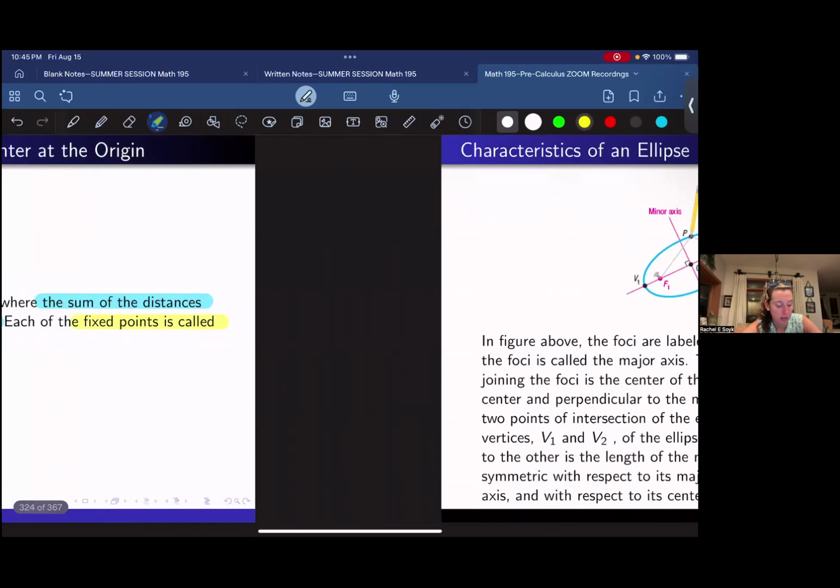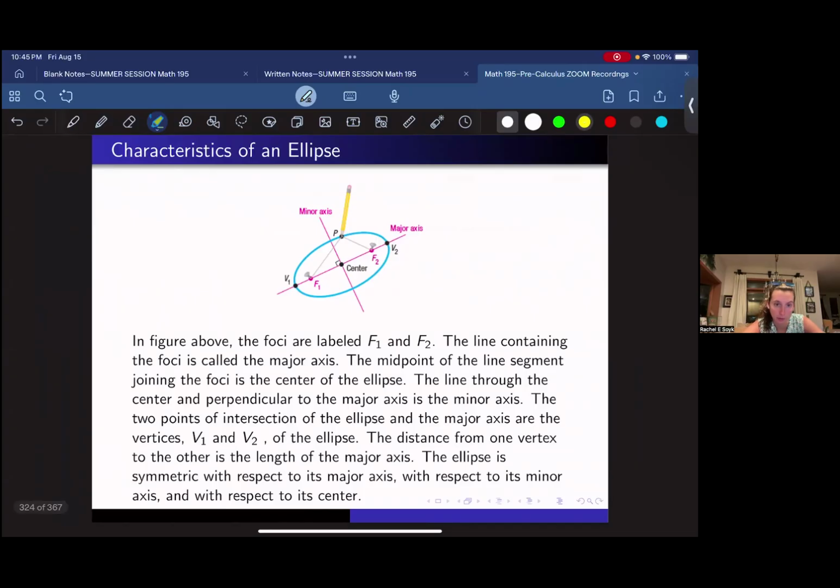So let's really look at this from a more graphical standpoint. We have an example of an ellipse here. And then we have our foci, which are labeled F1 and F2. And so the line containing the foci is called our major axis.